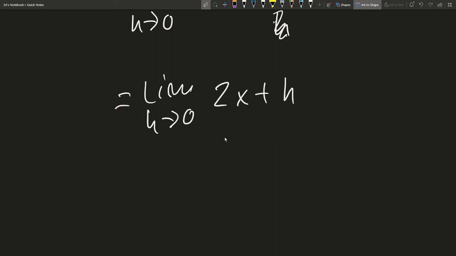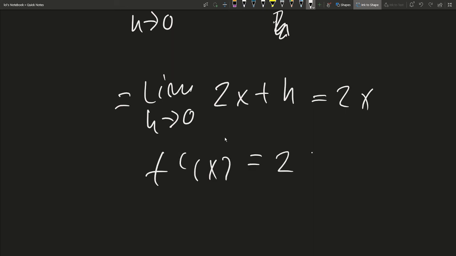Then we just sub in 0 for h. H is going to 0, so this h just disappears, and we get 2x. So the derivative of x squared is 2x, and that makes sense. That's great. That's the end of the video.